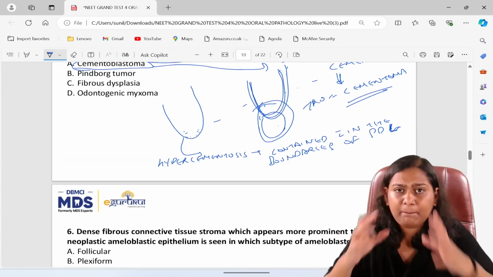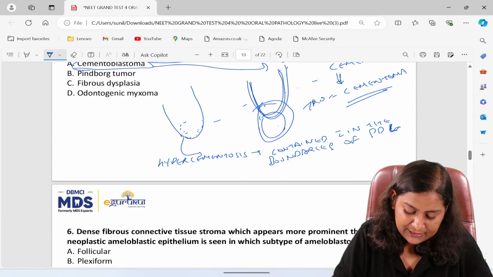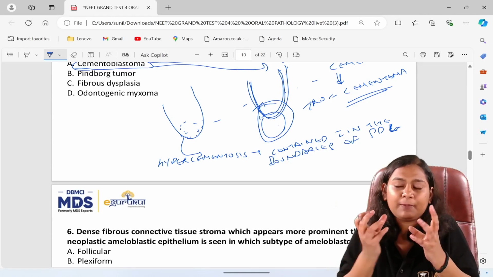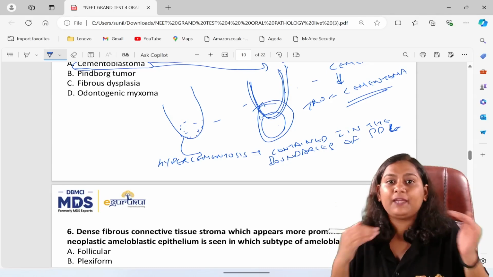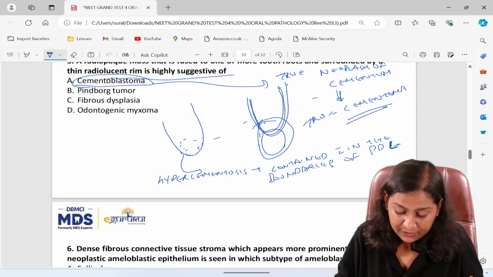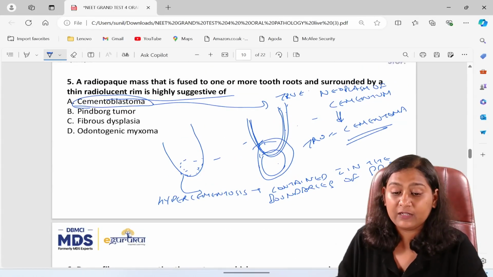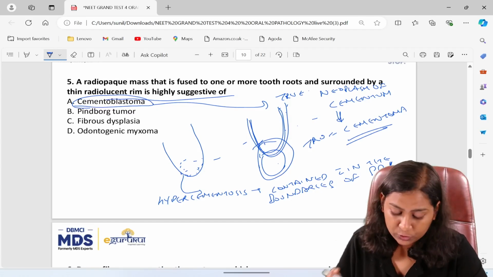There will be bulging at the apical part of the tooth because of excessive cementum formation, but that will not hinder the periodontal ligament. But in cementoblastoma, there will be root resorption of the involved tooth root.